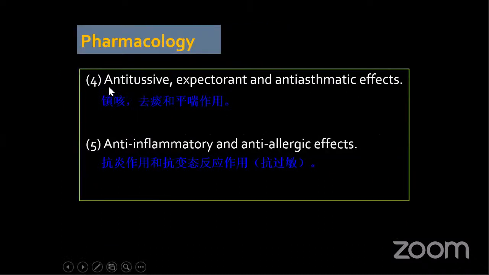And antitussive, expectorant, and anti-asthma effects, anti-inflammatory and anti-allergic effects.